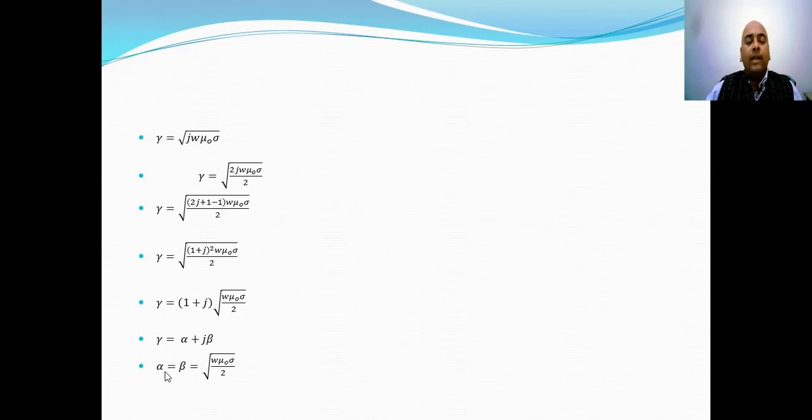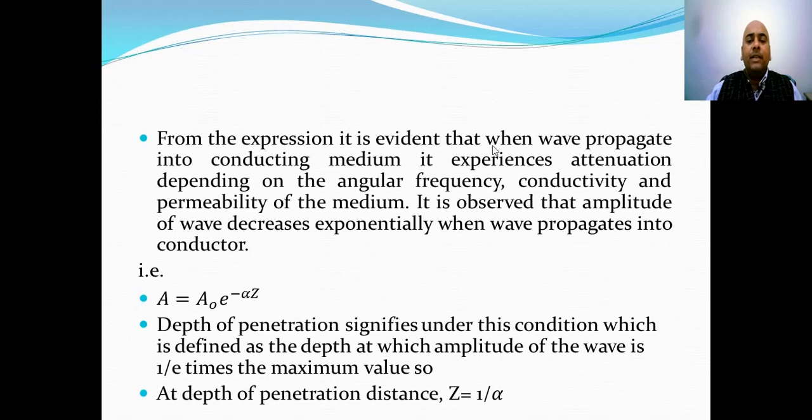So from here we can derive that the value of the phase shift constant as well as the attenuation constant for a conductor can be written as square root of omega sigma mu naught by 2. From this expression, it is evident that when a wave propagates into the conducting medium, it experiences attenuation depending upon the angular frequency, conductivity and permeability of the medium.